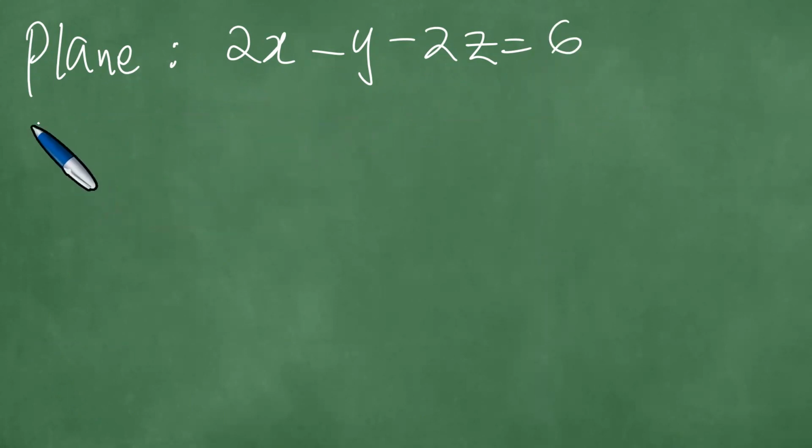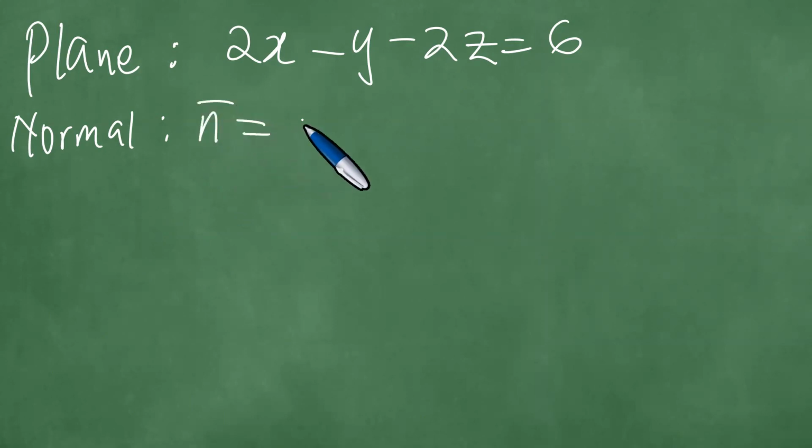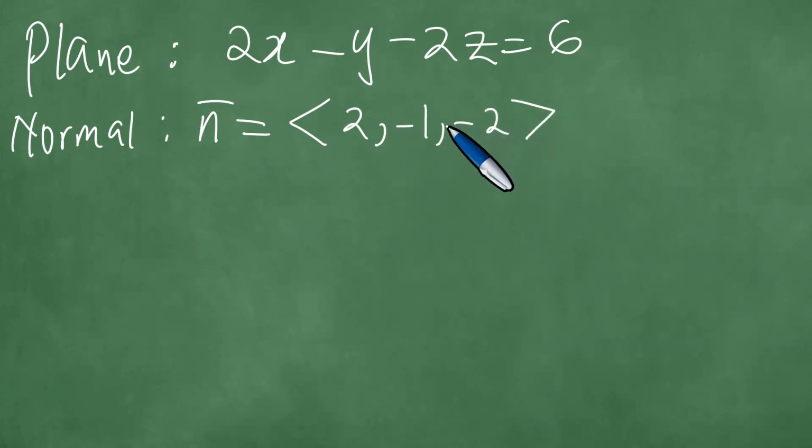This plane has a normal vector, and the normal vector is given as follows: (2, -1, -2).